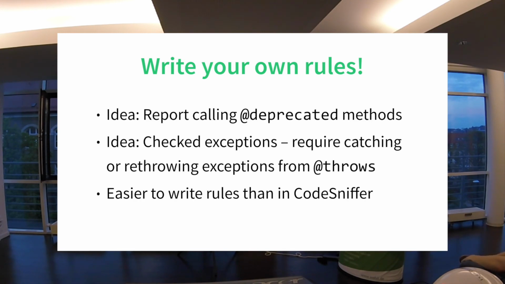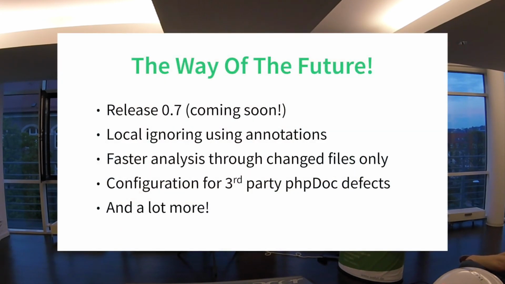Okay, so what I can promise for the future is the release of 0.7, and I have a backlog of ideas of what I want to do with PHPStan. I have a year-long backlog of ideas.